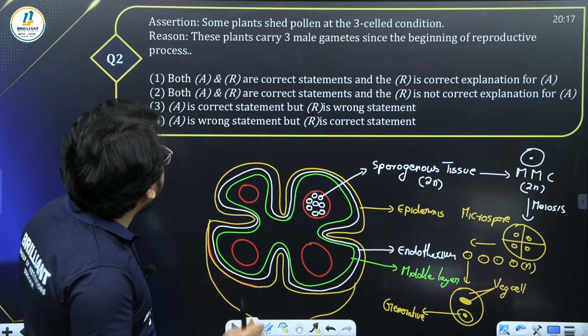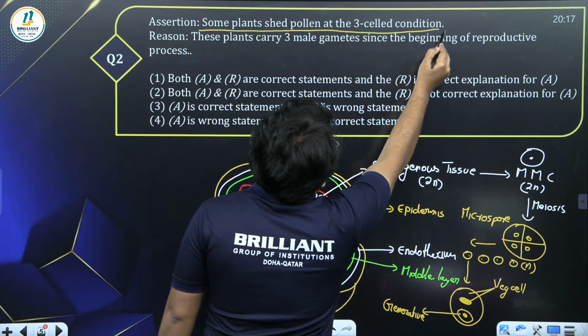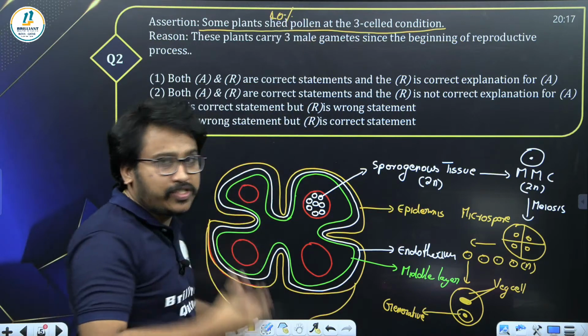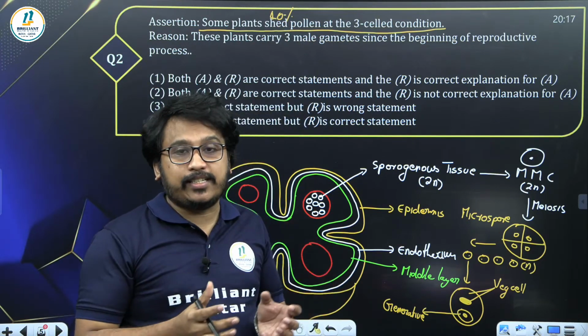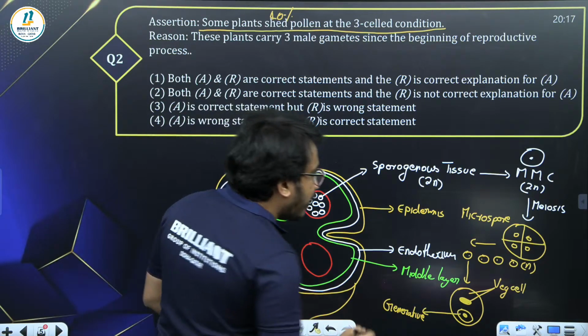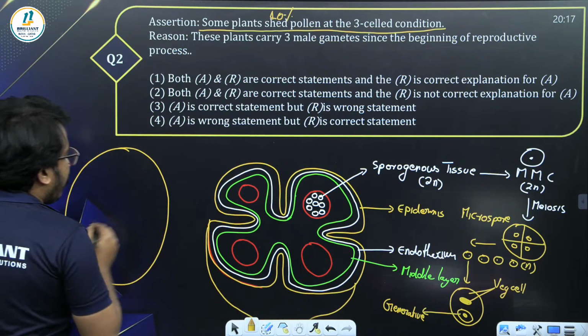And in 40%, that is what is coming in the assertion: some plants shed pollens at 3-celled condition. That is the remaining 40% of angiosperms, where the pollens are released from the anther during dehiscence in the 3-celled stage. 3-celled stage means the generative cell will further divide and form 2 male gametes.